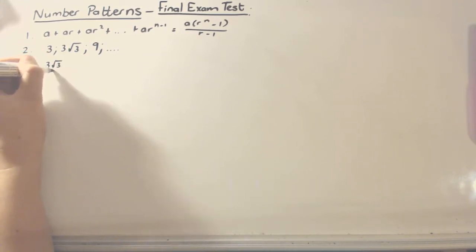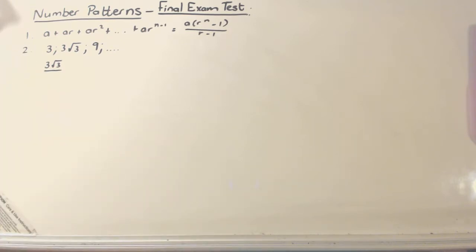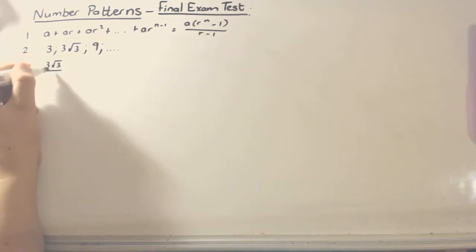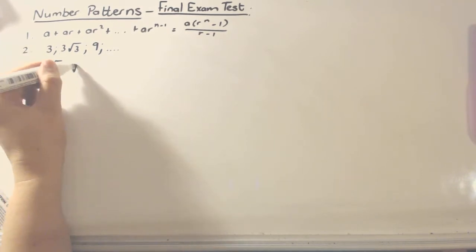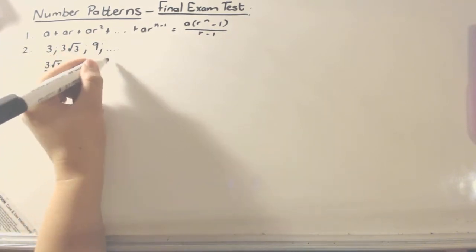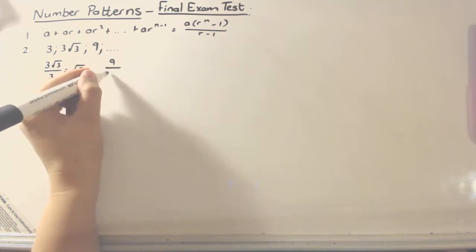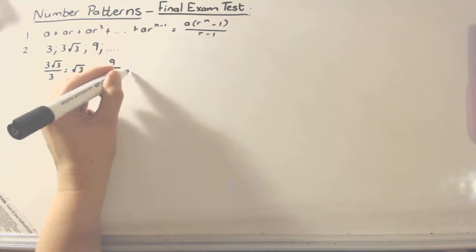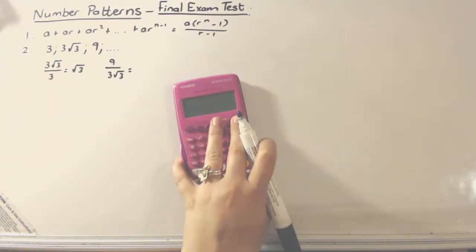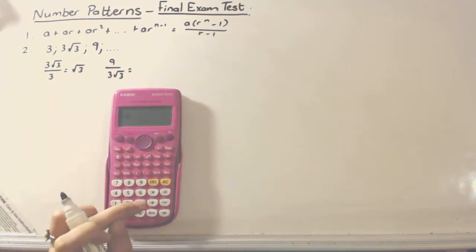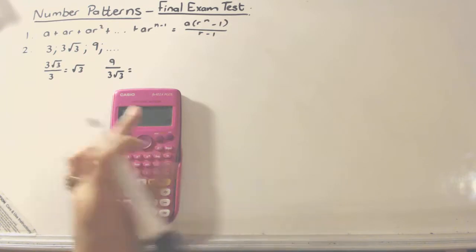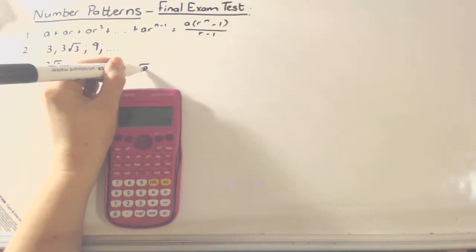It might be a geometric pattern. 3 root 3 over 3 gives me root 3, and 9 over 3 root 3, I'm just going to grab my calculator, gives me root 3 also.